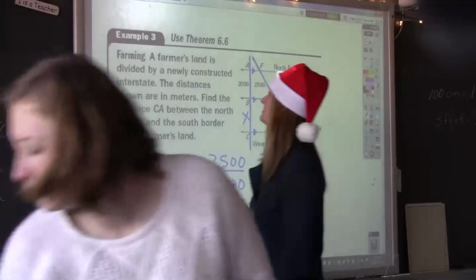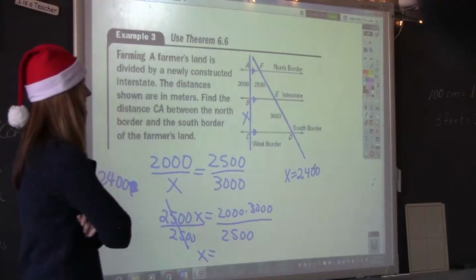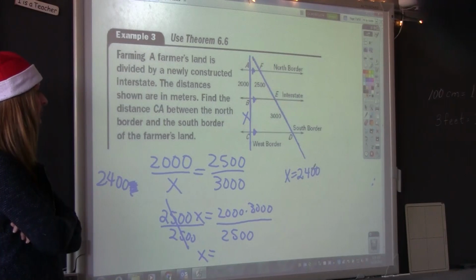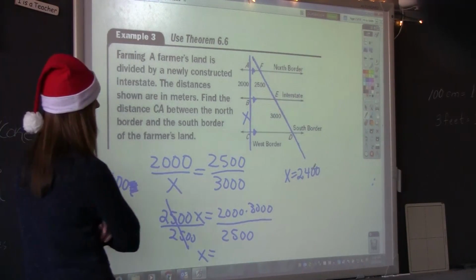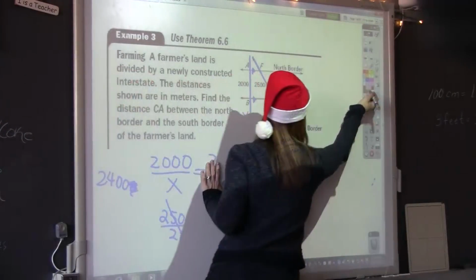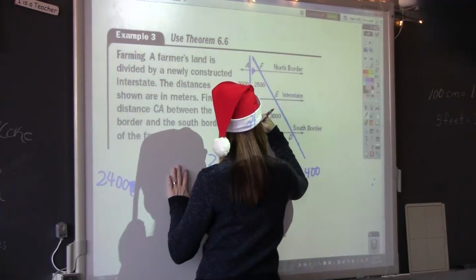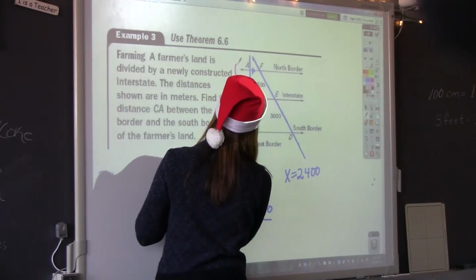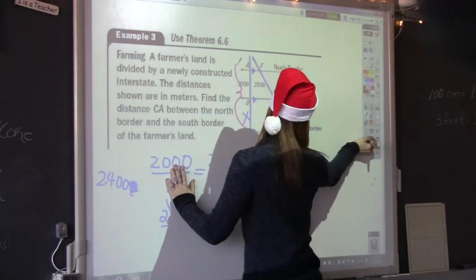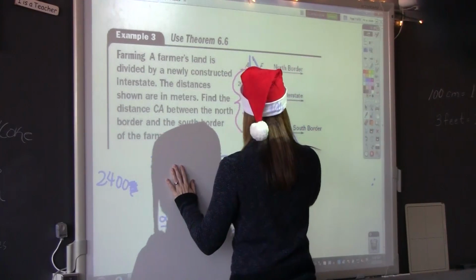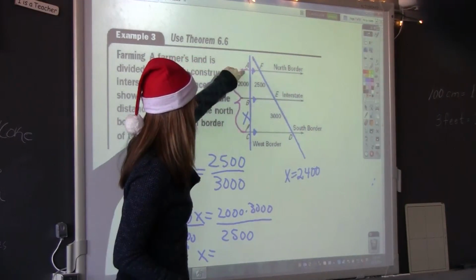Farmer land is divided by a newly constructed interstate. The distances shown are in meters. We'll need that. Find the distance CA. CA goes from here to there.